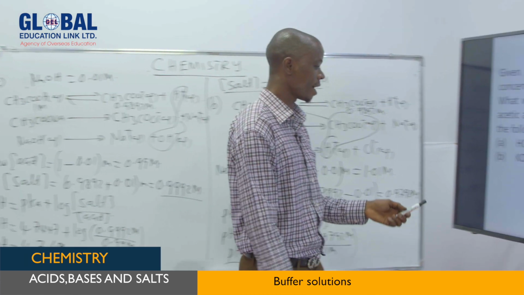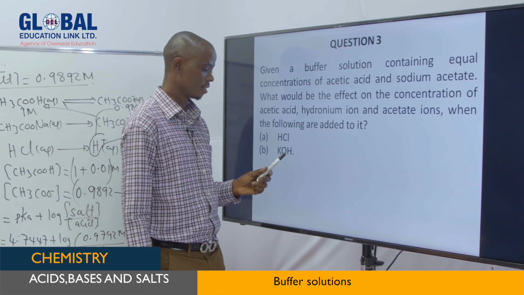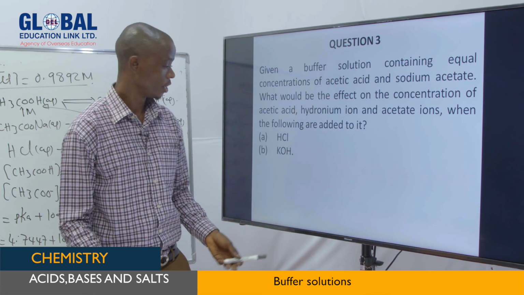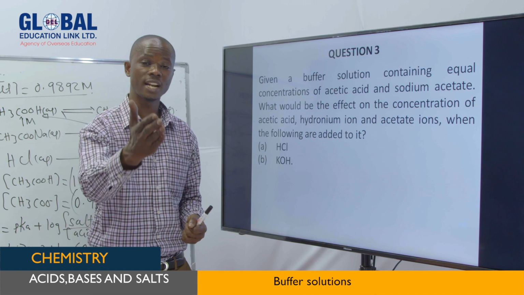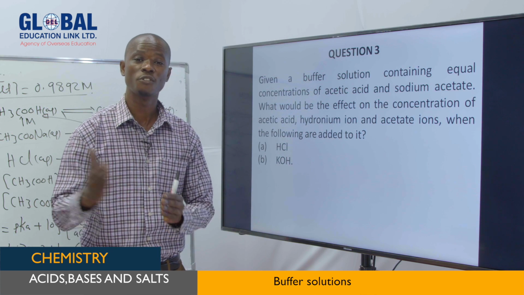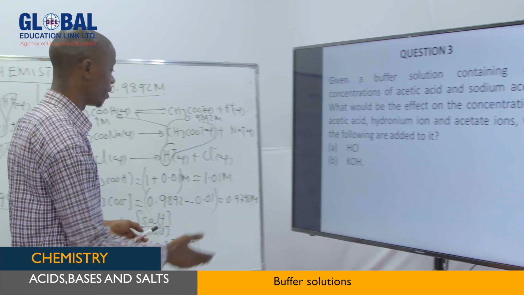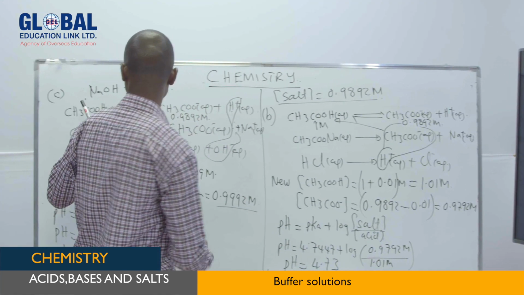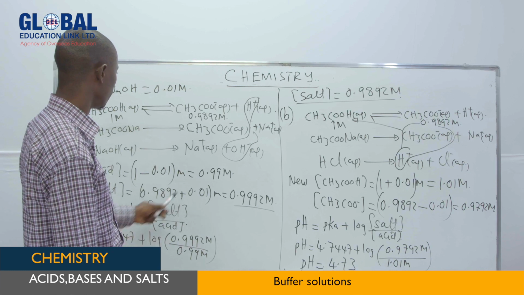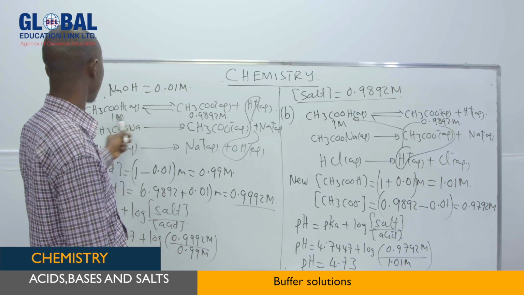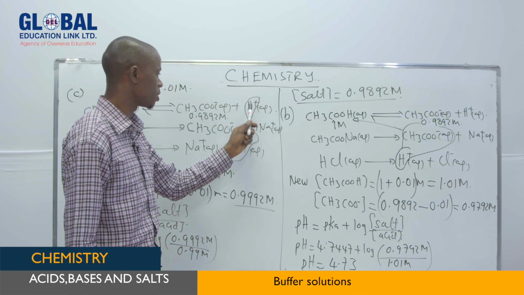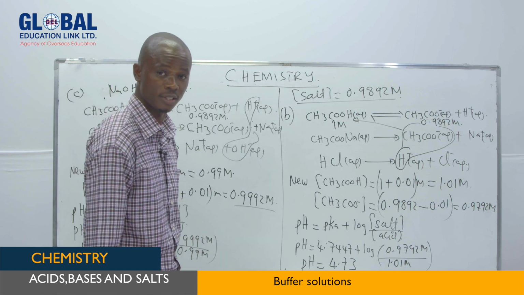And also when you add potassium hydroxide, the same thing happens. It gives hydroxide ion. This hydroxide ion will combine with the hydrogen ion, forming water. That means after combining, the acetic acid will ionize more to produce the hydrogen ion to compensate for its loss.